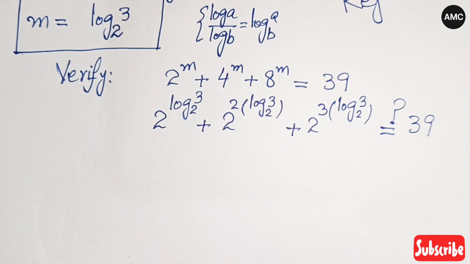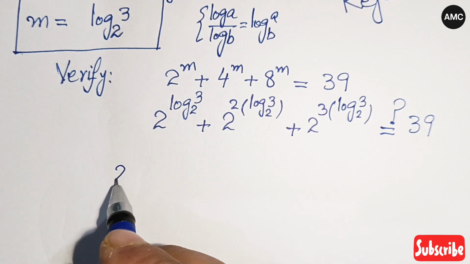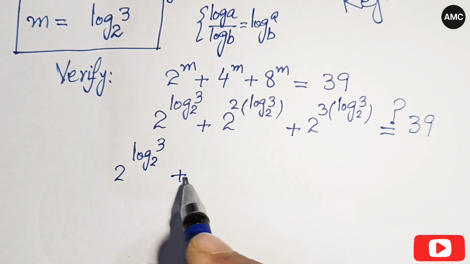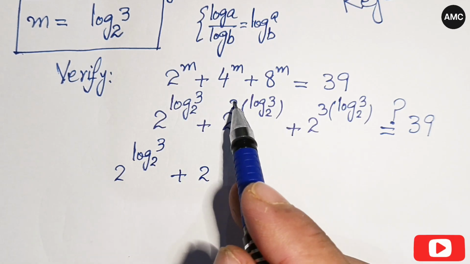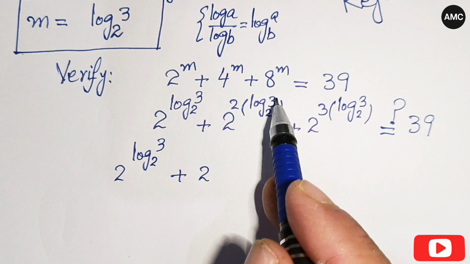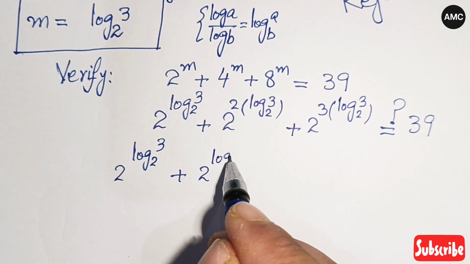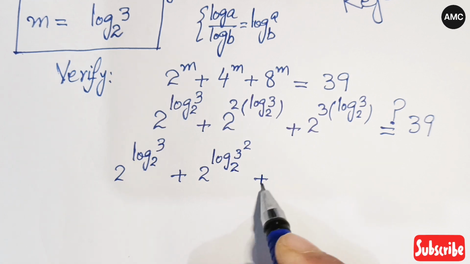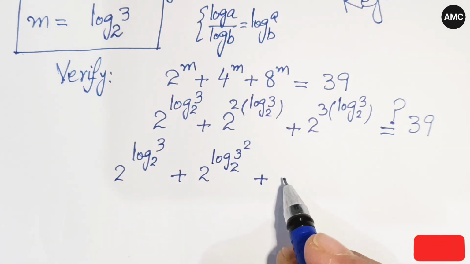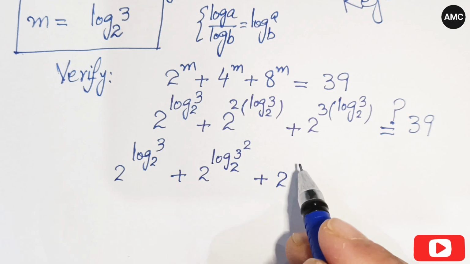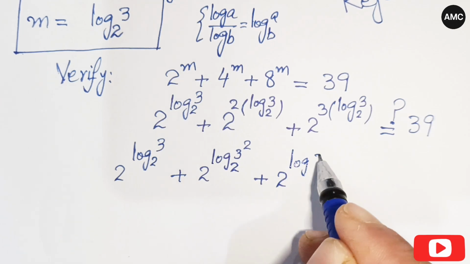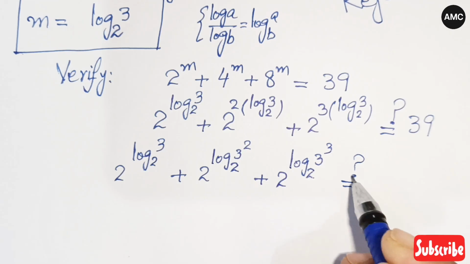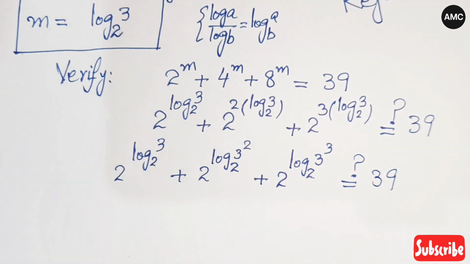Our next step: 2 to the power log 3 to base 2 plus 2 to the power 2, shifting this 2 into the exponent, we get 2 to the power log 3 squared to base 2, plus, doing the same step here, 2 to the power log 3 cubed to base 2. Is it equal to 39?